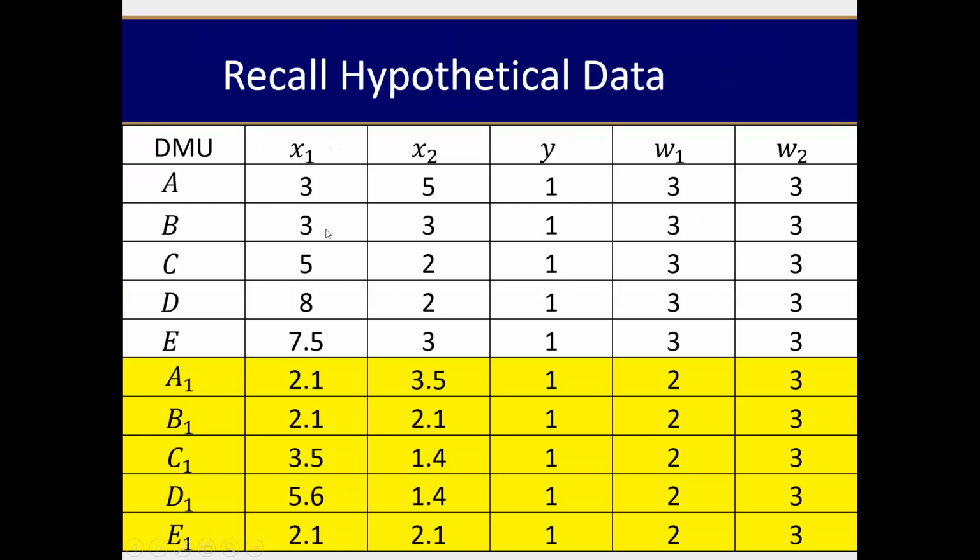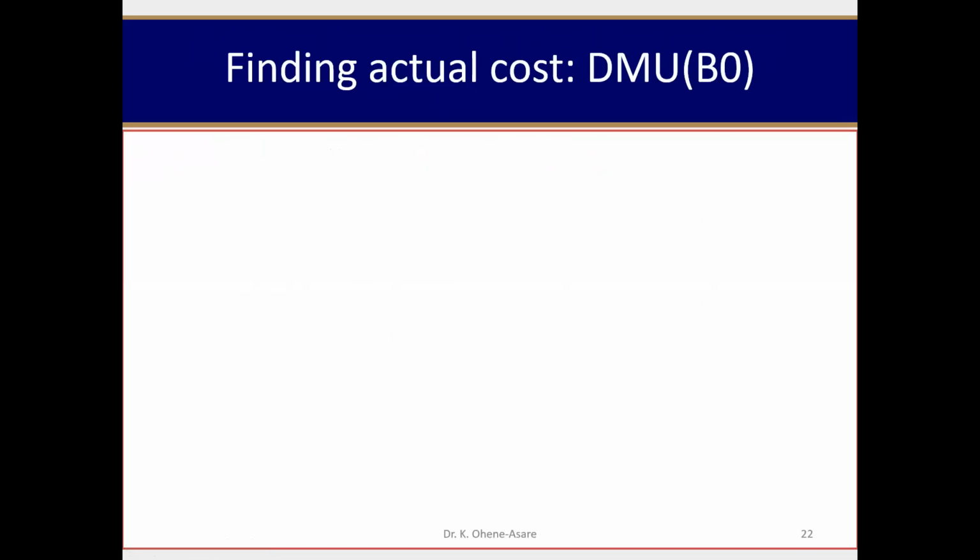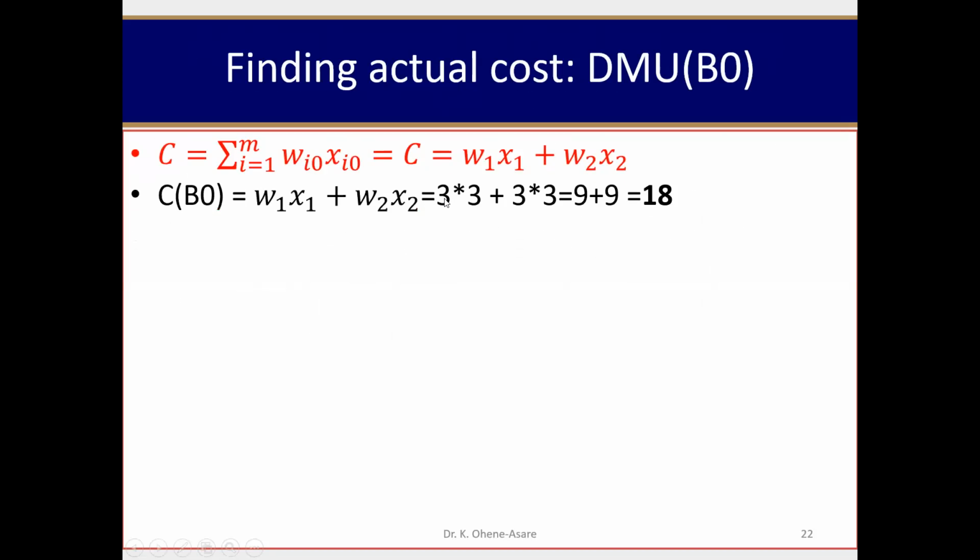Now, when you look at the input for B, input 1 is 3, input 2 is 3. So that is how we get the 3, which is the price, and then the 3, which is the input. So 3 times 3 will give you 9, 3 times 3, 9, 9 plus 9 will give you 18. Do you understand how I was able to calculate this?